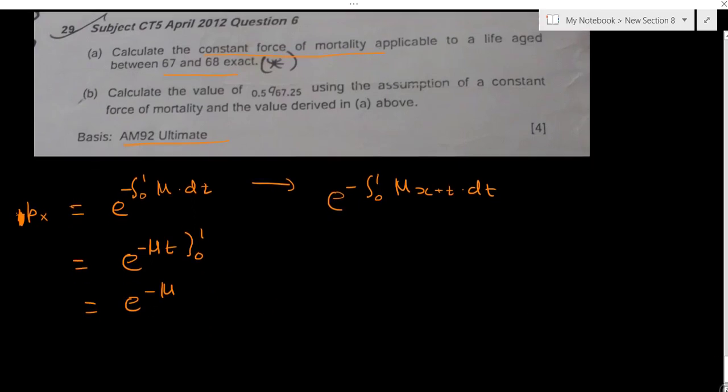So it is a constant here, so if you integrate this, it becomes e to the power of minus mu t going from 0 to 1, and this just becomes e to the power of minus mu if you put these values. So this is your value for tPx. Now this would be equal to the px value from the tables. The age is 67, right?